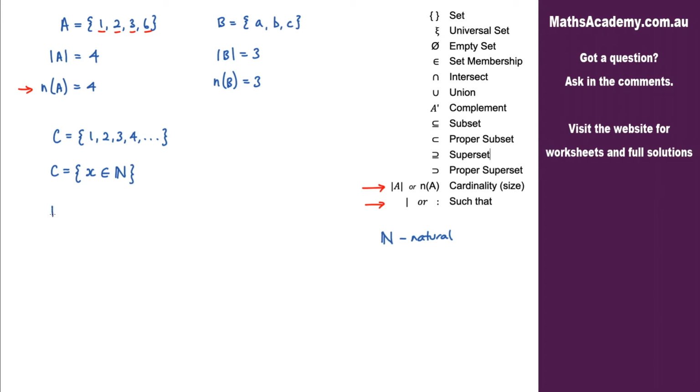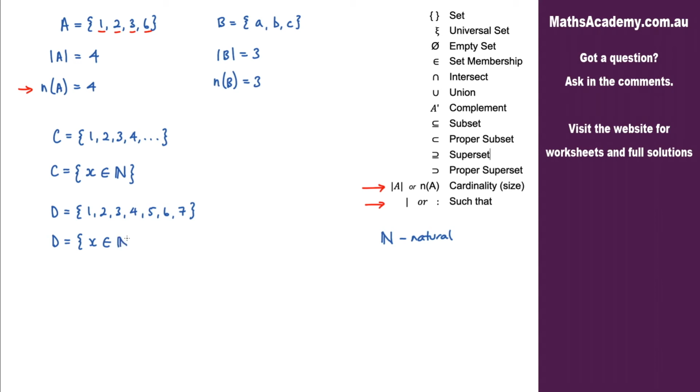Now what if I had set D? And again, set D is 1, 2, 3, 4, 5, 6, and 7. So again, these are counting numbers. These are the natural numbers, but I'm limited to what they are, just the values 1 to 7. So the way I do it this time with set builder notation is I say D is equal to x belongs to the natural numbers.